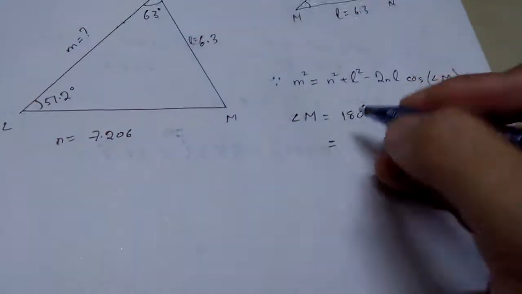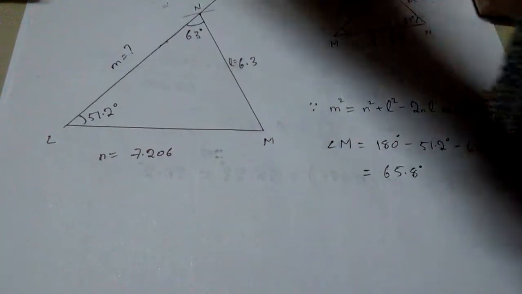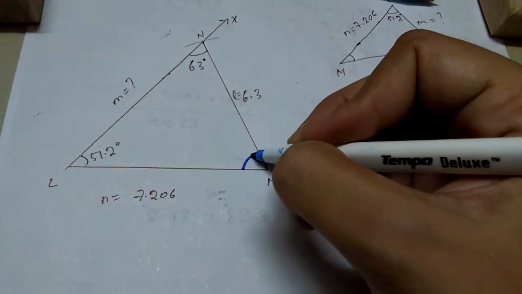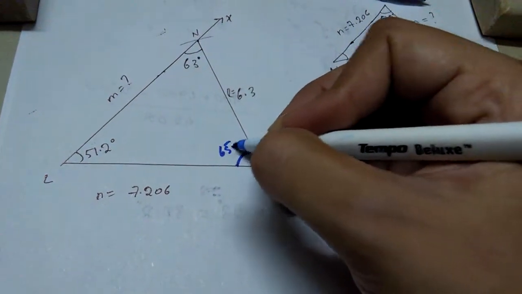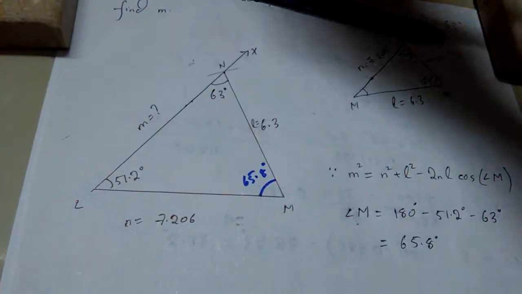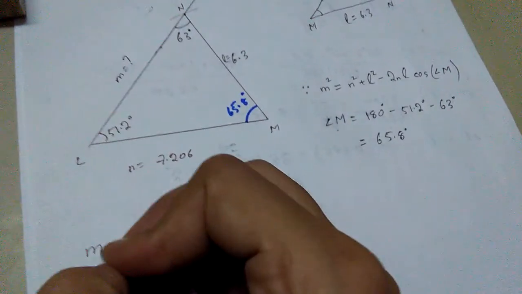And it's going to be 65.8 degrees. Now let us substitute the values and get the answer as swift as we can.